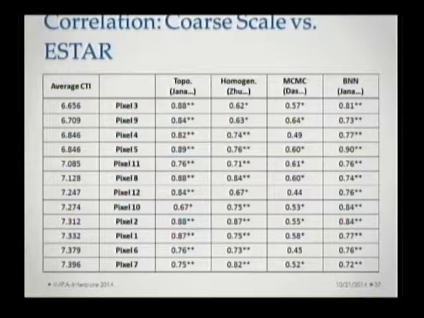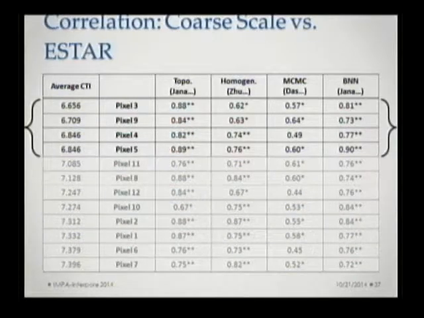This is the topography-based method that I just described. This is a simple homogenization developed by Jianting Zhu, who is now at Renault. And then there's an MCMC-based method developed by Naren Das, who is at JPL now at NASA. And this was another one that I had developed earlier in my PhD using Bayesian neural networks.